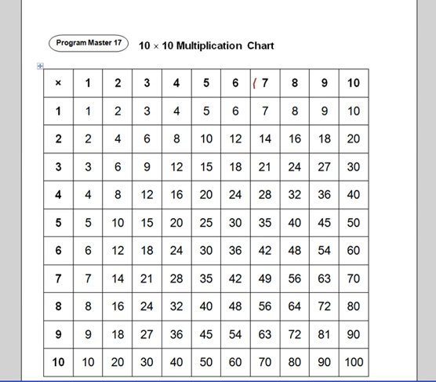So we know that we're dividing by 4, so we need to go to where 4 is on the multiplication chart. And we need to go over till we get close to 27, but not over. So that's 24. What's on top? 6. So we need to write a division fact that helps us. Well, 24 divided by 4 equals 6 will be able to help us.